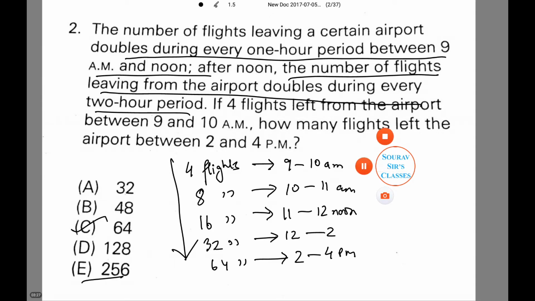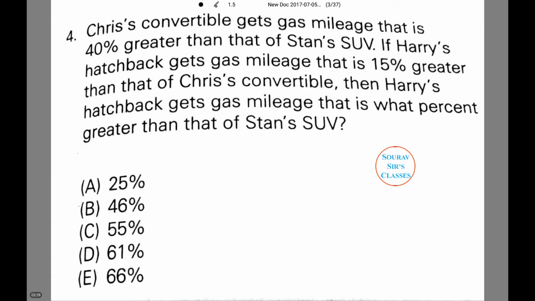Let's see another type. Chris's convertible gets gas mileage that is 40% greater than that of Stan's SUV. If Harry's hatchback gets gas mileage that is 15% greater than that of Chris's convertible, then Harry's hatchback gets gas mileage that is what percent greater than that of Stan's SUV?